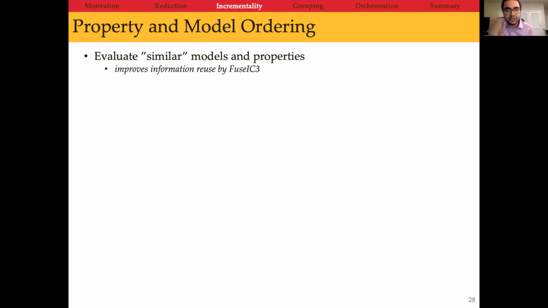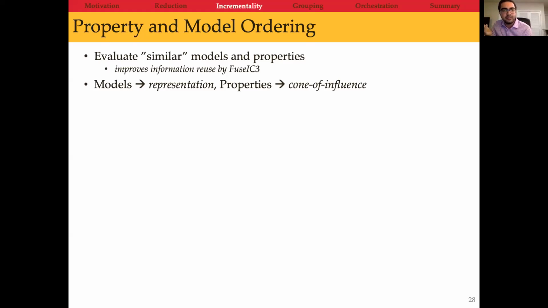However, we do have static design data that is measured without doing any verification, is readily available, and can be used to measure similarity. For models, it is the model representation, which can either be in the form of a bit-level and-inverter graph netlist, or in the form of clauses, which eventually get sent to a SAT solver, so it's a CNF netlist.